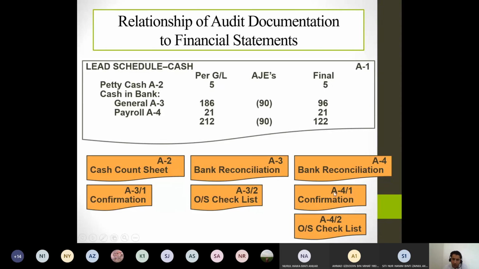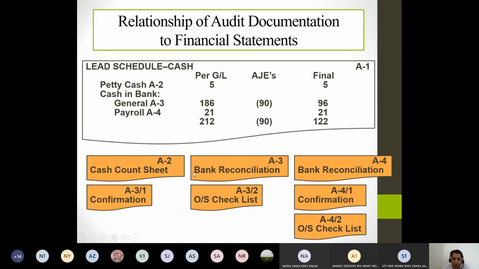A/4.1. You get this, it is related to payroll, meaning it is about the confirmation you collect. It's about the suppliers related to this amount. Okay, so bank reconciliation A4 is also about the amount that you pay to the suppliers, you need to check also the payment to the suppliers.